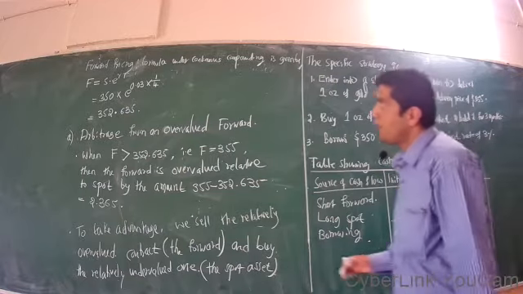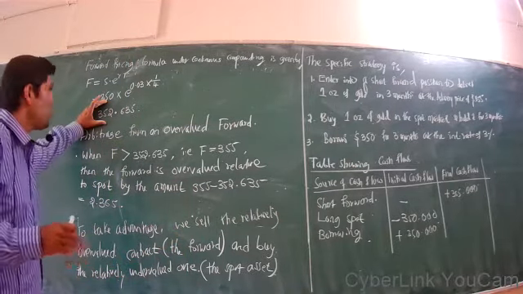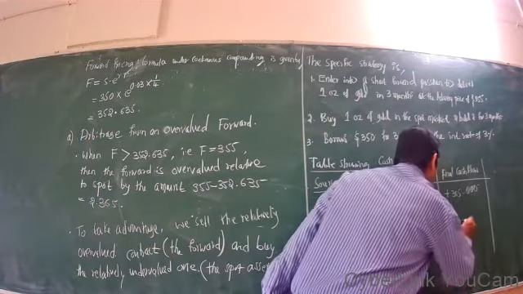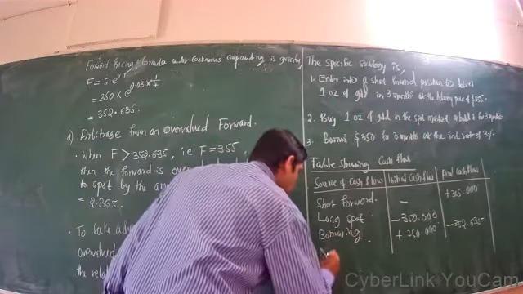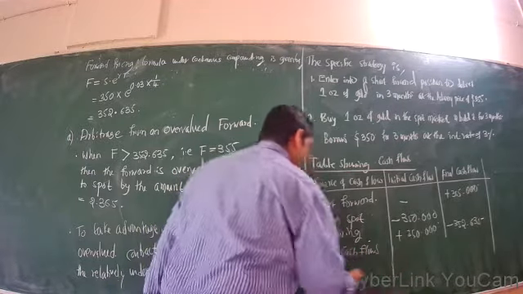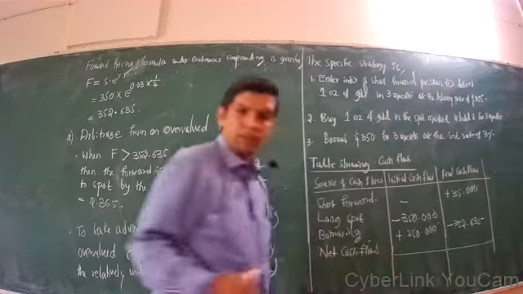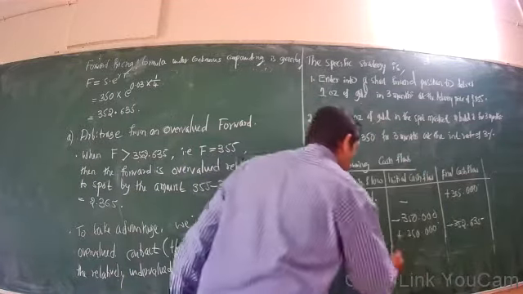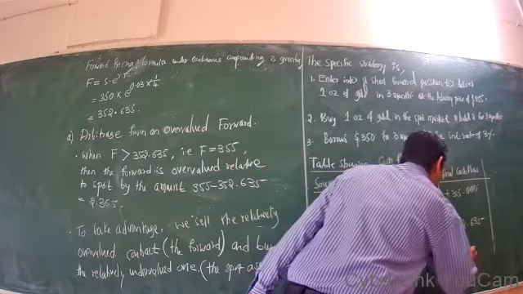When the 350 is borrowed at the rate of 3%, we have calculated it as 352.635, so minus 352.635. So the net cash flows are minus 350 plus 350, and the difference is plus 2.365.